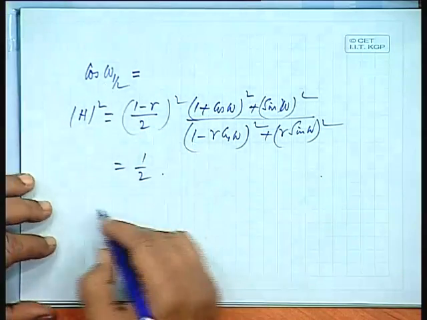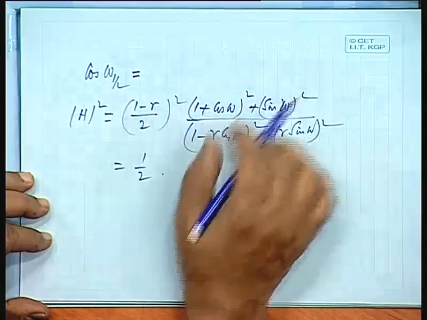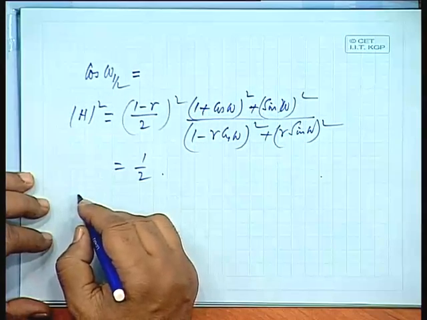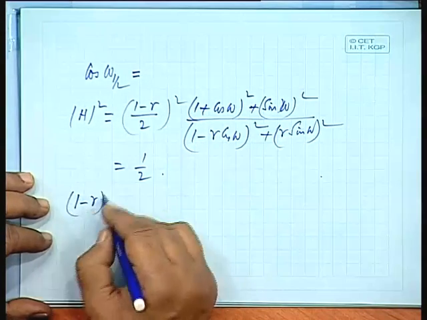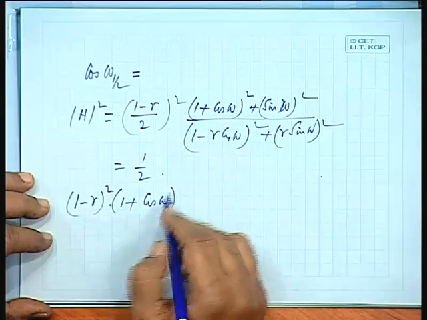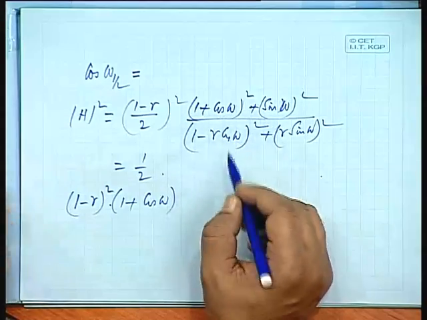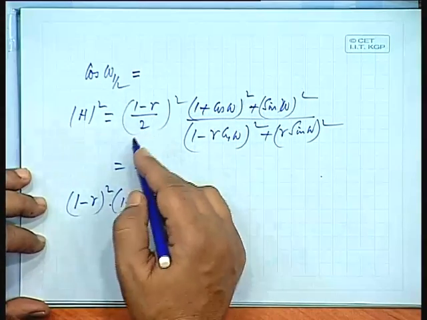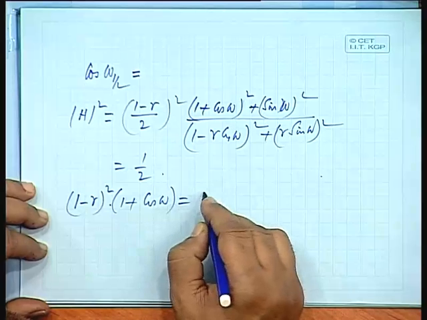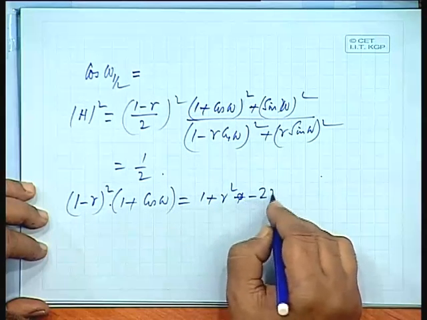at that frequency. So, from there if you just square it up and equate, you will get (1 minus r) whole squared into (1 plus cosine omega); there will be a term 2 squared, so that will be 4, so that will be getting cancelled with this, is equal to 1 plus r squared minus 2r cosine omega.